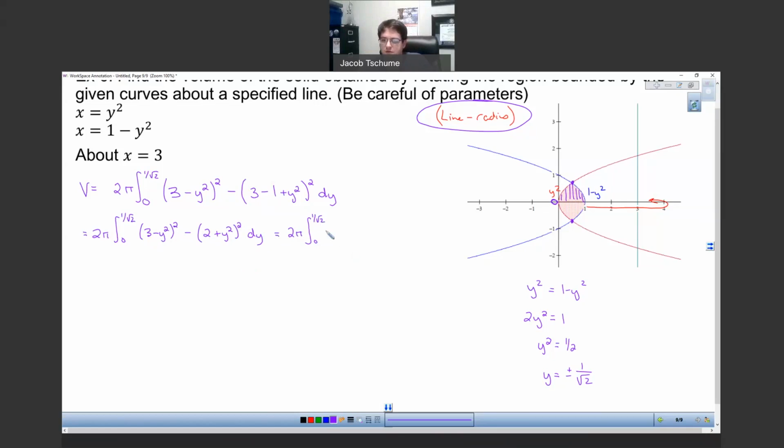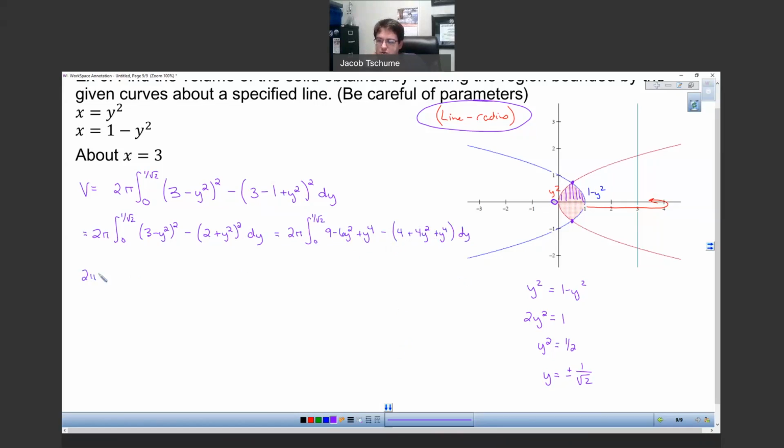If you FOIL the first, you will get 9 minus 6y squared plus y to the 4th. And then minus, if you FOIL the second pair, you will get 4 plus 4y squared plus y to the 4th dy.